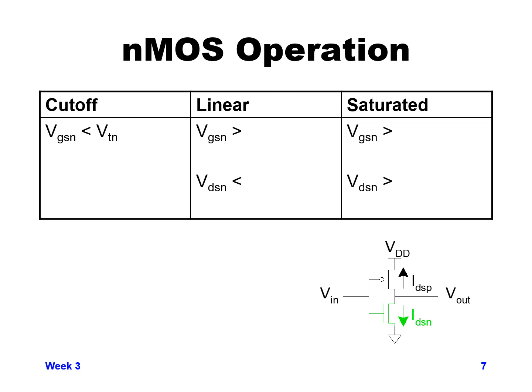For the linear region, we have requirements for both the VGS of the NMOS and the drain to source voltage through the NMOS. The gate to source voltage has to be greater than the threshold voltage for the NMOS, VTN, and the drain to source voltage has to be less than VGS minus VT.